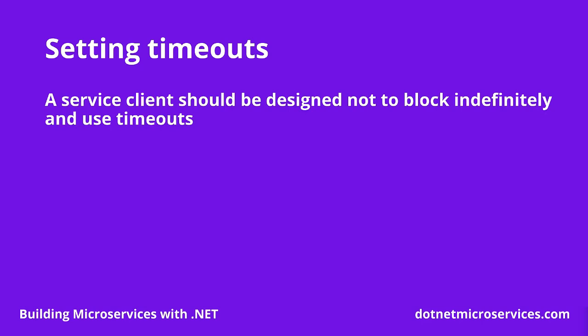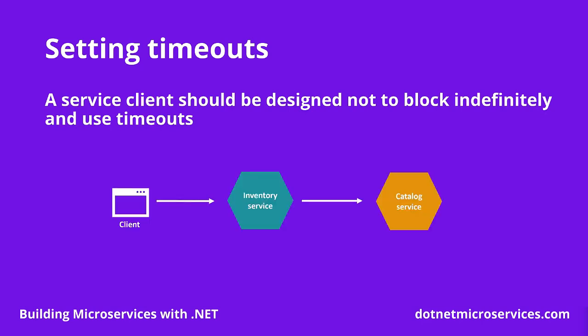Think about the experience of our client when the catalog service takes a long time to come back to our inventory service, if it ever comes back. Now the inventory service is also taking forever to respond to the client, leaving our users with a bad experience. And not only that, at least one of the threads of inventory is now busy not being able to serve any other requests, which reduces the amount of available resources in the service.